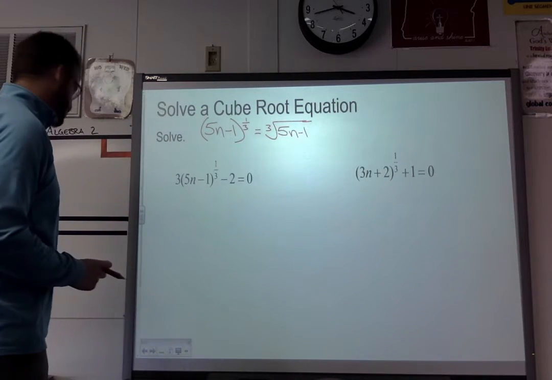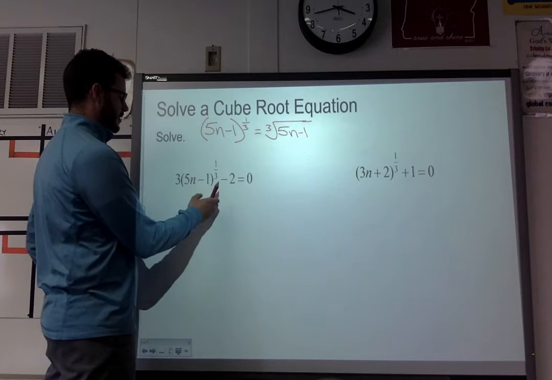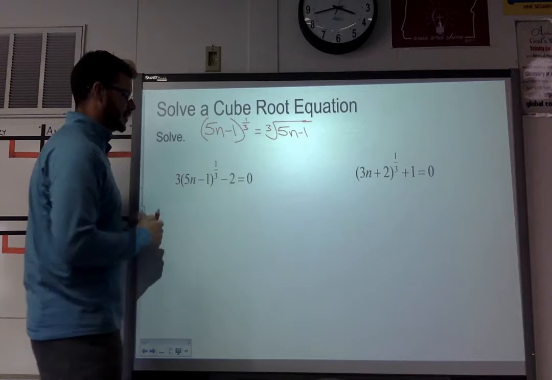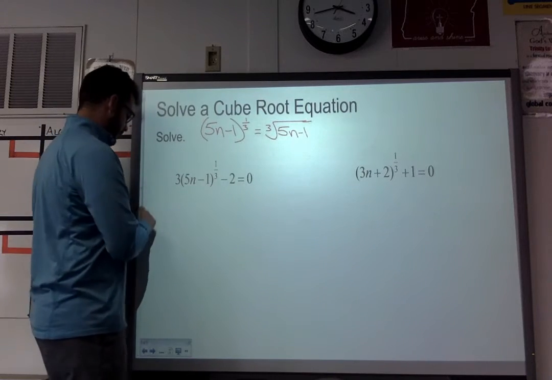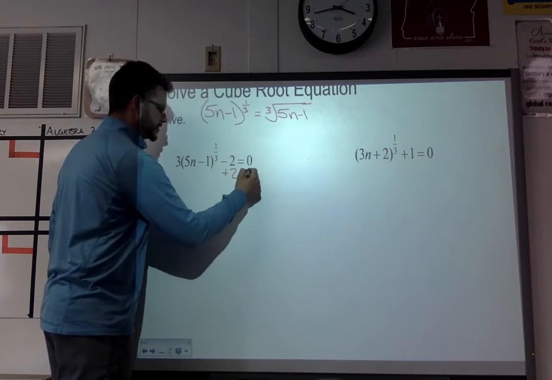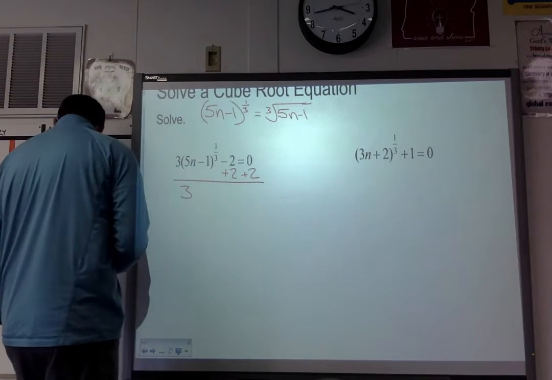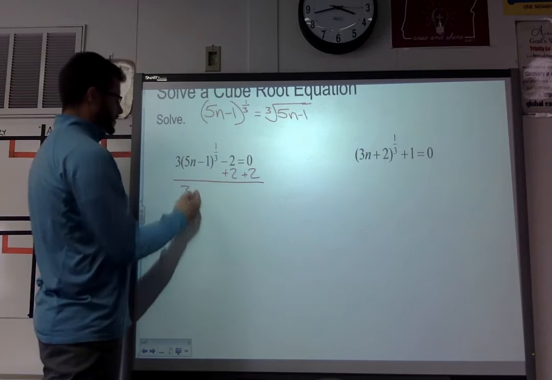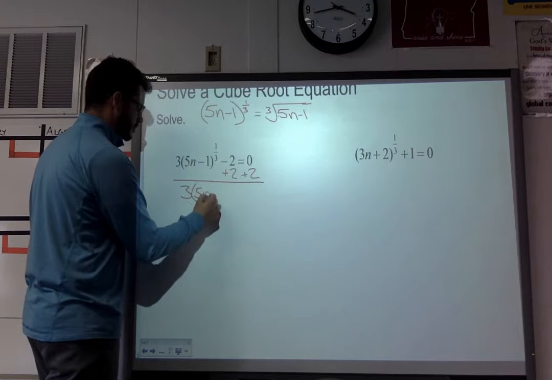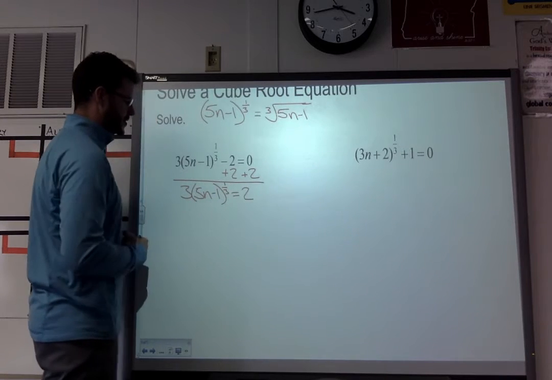But first, we need to do the same thing we were doing on that last slide. We need to get that cubed root by itself on one side. So in order to start, I'm going to add 2 to both sides, which is going to leave me with 3 times 5n minus 1 to the 1/3 power equals 2.